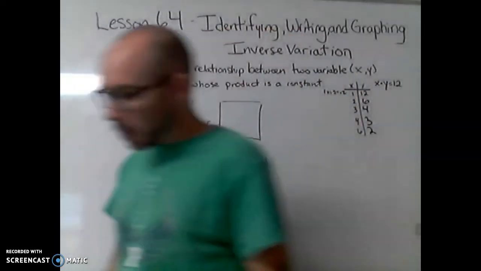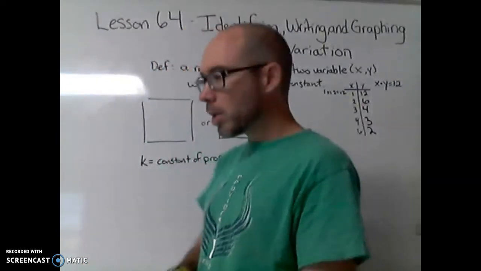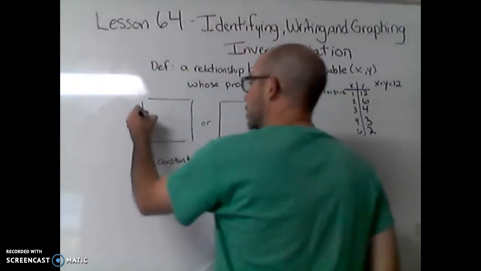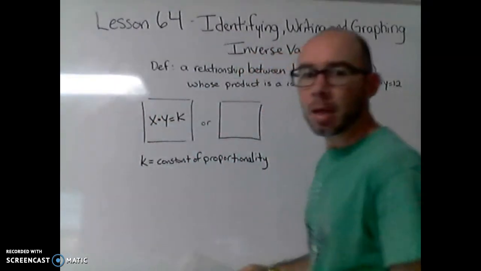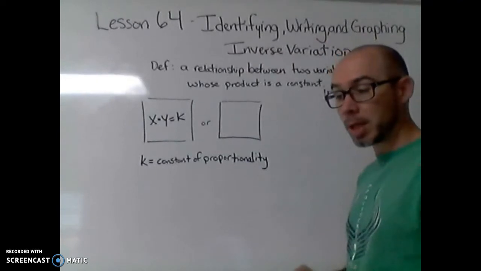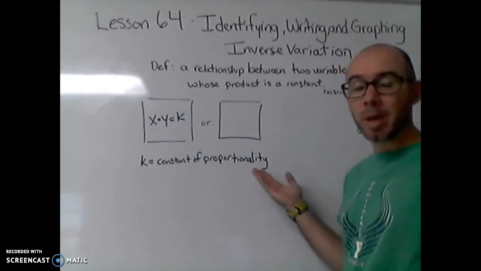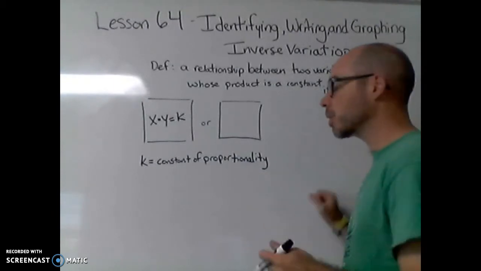We can write this in a couple of ways. We're either going to say that x times y equals k, and k stands for our constant of proportionality. It might be 12, it might be 2, it might be -1, it doesn't matter. Whatever that number is, constant of proportionality.